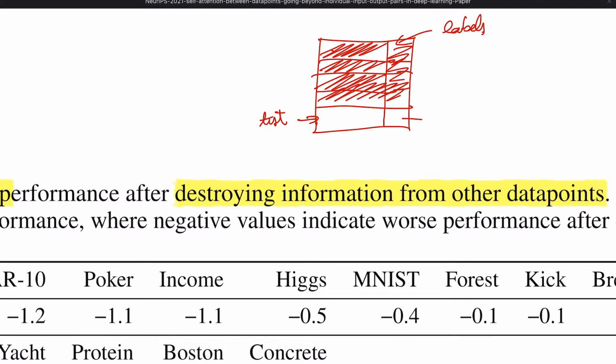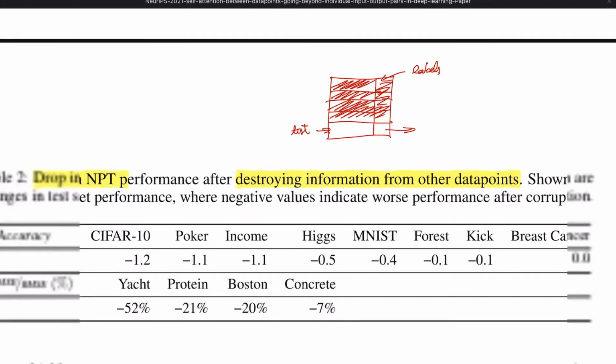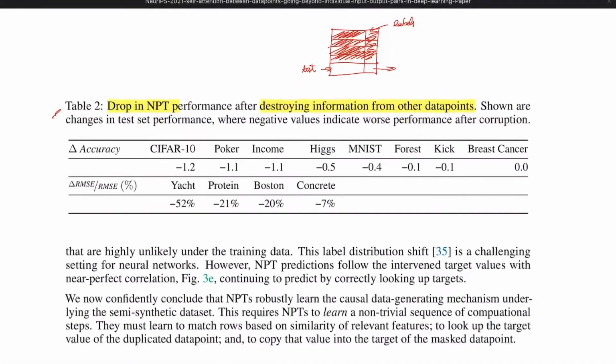Now you make a test prediction, and this is how much the test performance changes when all the other inputs are predicted or not. And most of the time it's essentially 0. So this is 1%, 2%, 1%. And for breast cancer, it was even 0%.